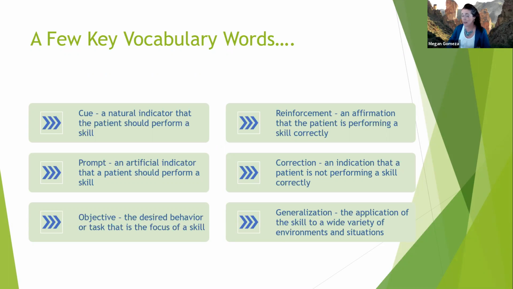Our cue is maybe in Ethiopian culture, we don't eat with utensils. You know, we eat more with our hands and by scooping, right? So a cue also might be I get my hands dirty playing outside. And that cue, dirty hands, is a natural indicator that the patient should perform a skill, wash their hands, right?